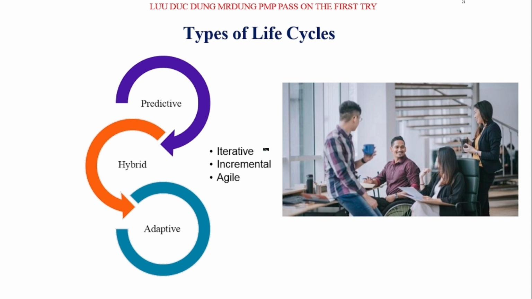In some documents we can see a list of 5 methods to manage a project. The first is predictive, the second is hybrid, the third is iterative, the fourth is incremental, the fifth is agile, because adaptive includes 3 methods.